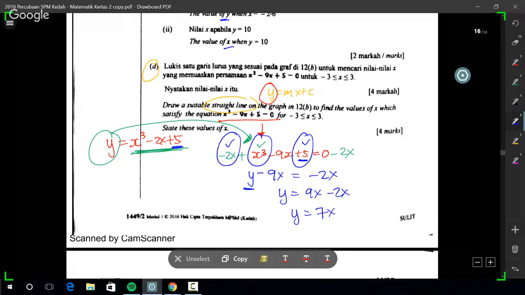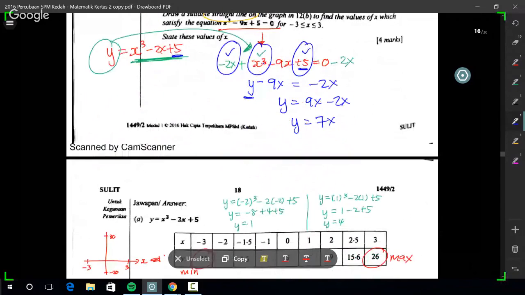If I got y equals 7x already, I want to draw on the graph in order to find the x value. So I will need some coordinates here. For the coordinates, something very important is you have to give the x value by yourself. There's no way you can get any x value there.